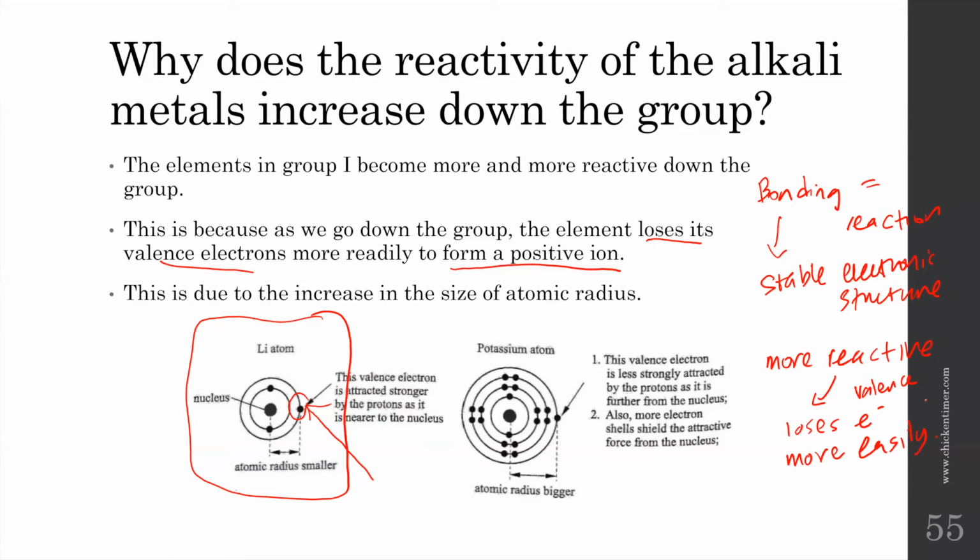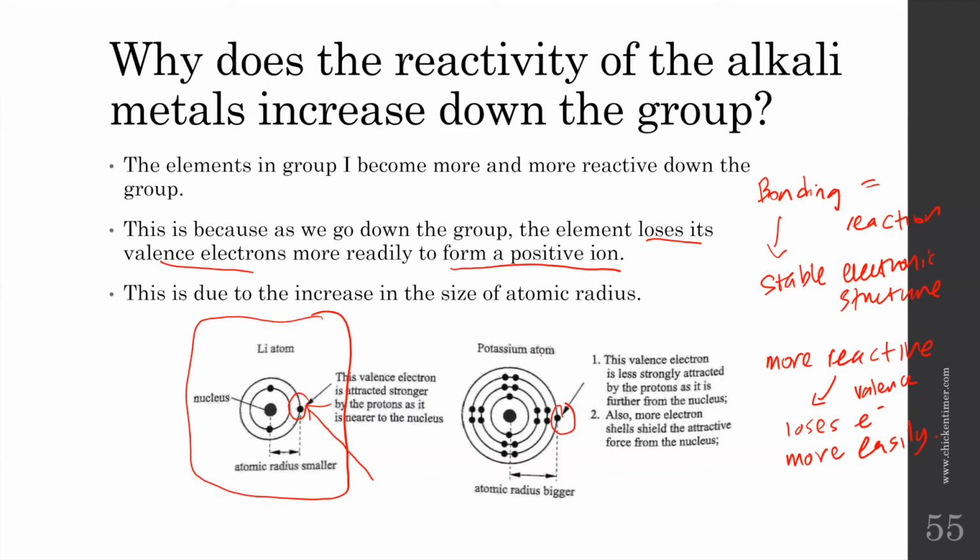Then what these two diagrams say is like this. Lithium is a small atom. Potassium is a bigger atom. So it is easier for potassium to lose this valence electron as compared to lithium.